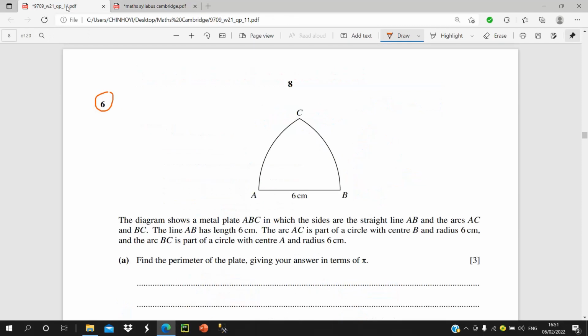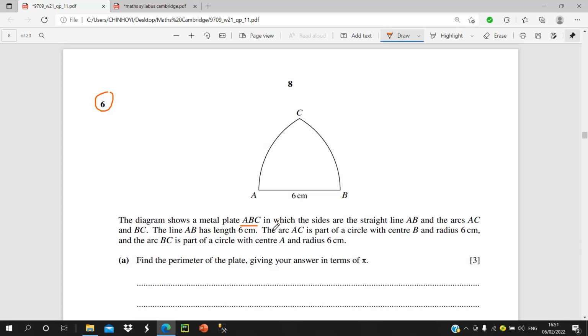So in this case, they are saying the diagram shows a metal plate ABC, in which the sides are straight lines. We have a side AB, which is a straight line. Then AC is an arc, BC is another arc. The line AB is a length of 6 centimeters.